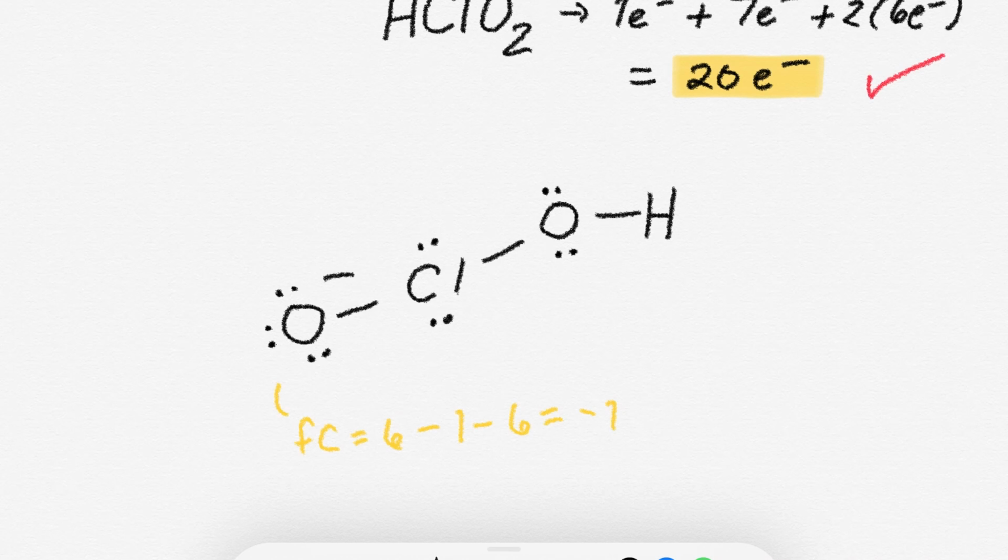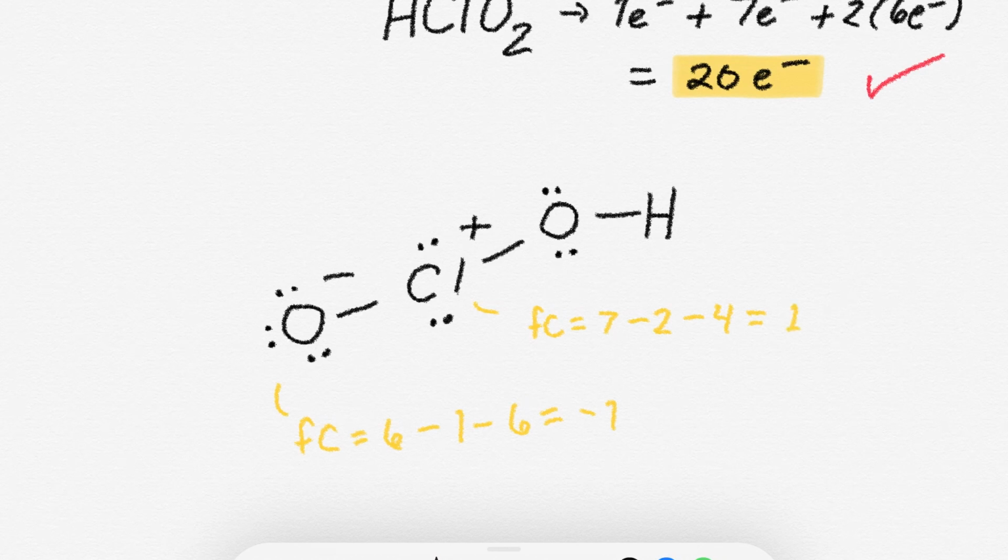If we were to do the chlorine now, its formal charge would be 7 valence electrons minus 2 shared pairs minus a total of 4 dots, or 4 electrons in your lone pairs. And 7 minus 2 minus 4, I bet you'll see that's going to be a +1.